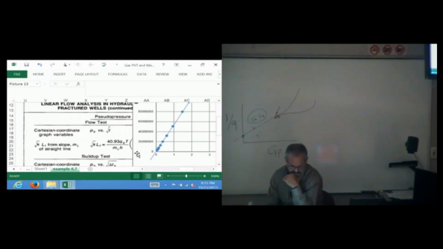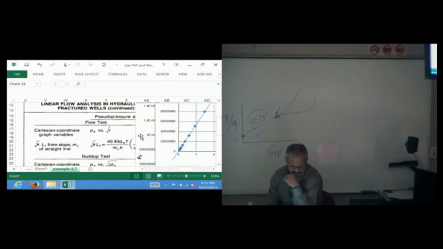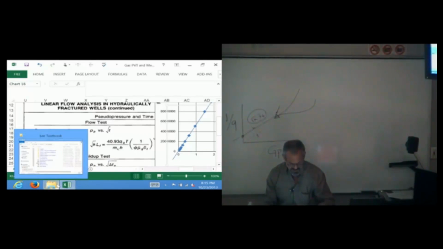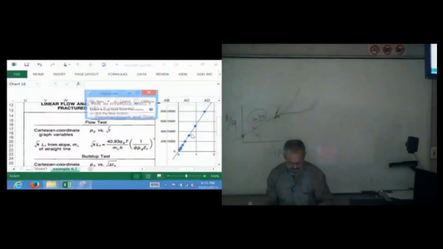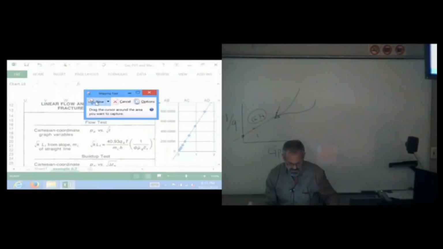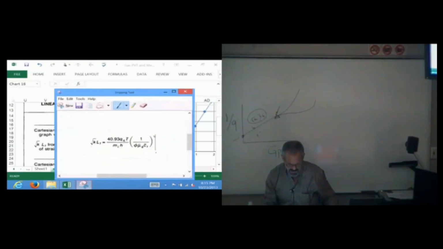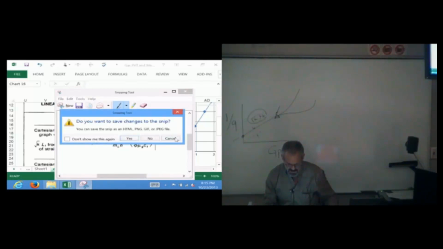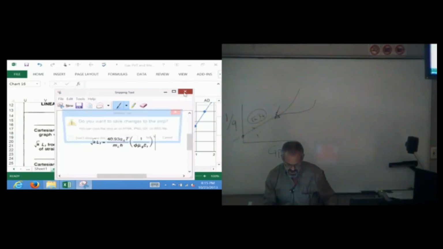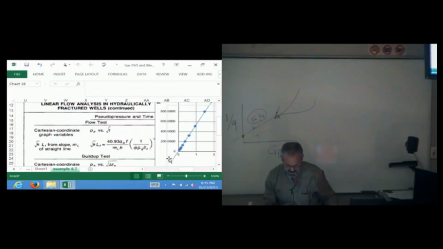You know, can I use my snippet tool here? You know what? That would have worked if I would have just slid this graph over and I could have gotten that exponent.